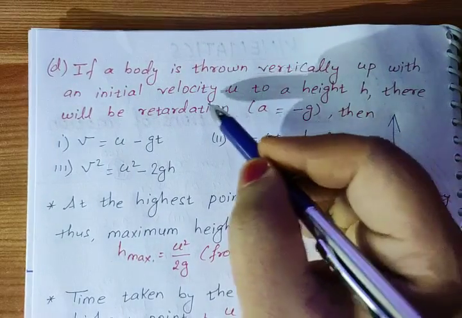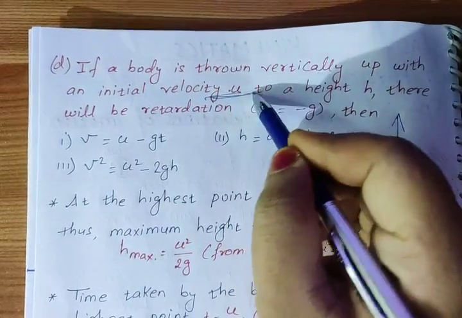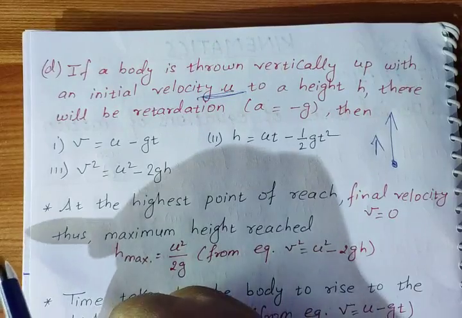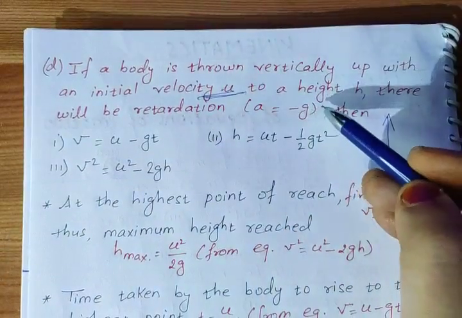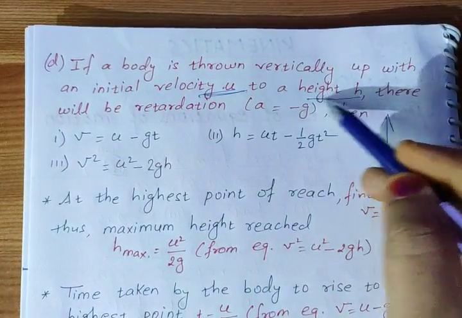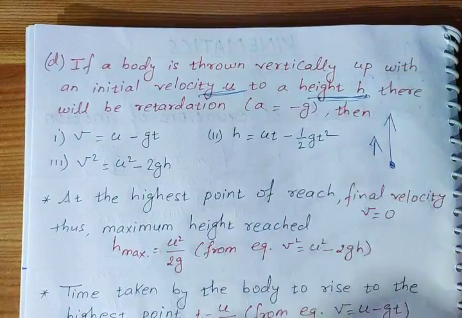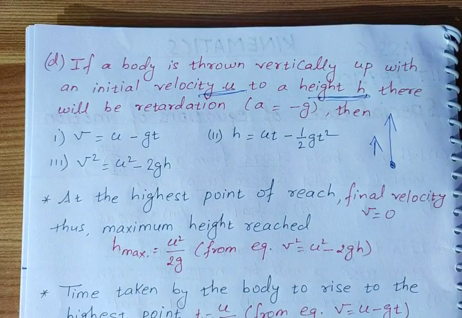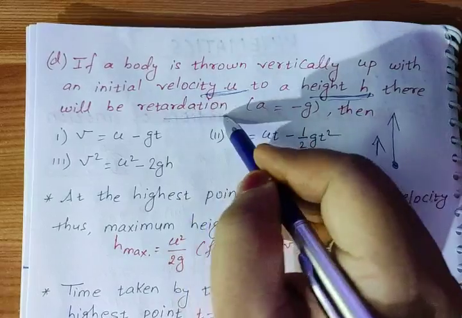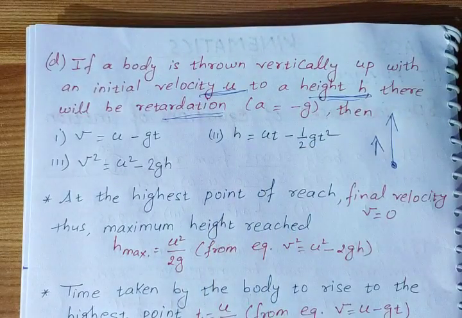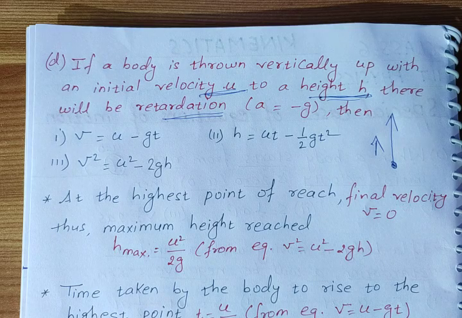So the initial velocity is given as u. What is the initial velocity of the body? u. And it is thrown vertically up to how much height? h. So there will be a retardation. Why retardation? Retardation is when the velocity of the body decreases with time.